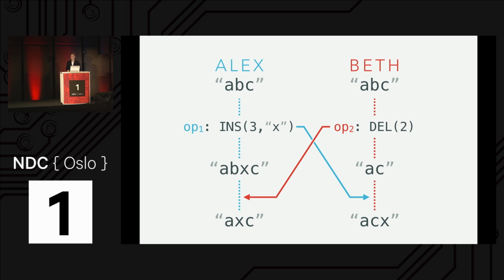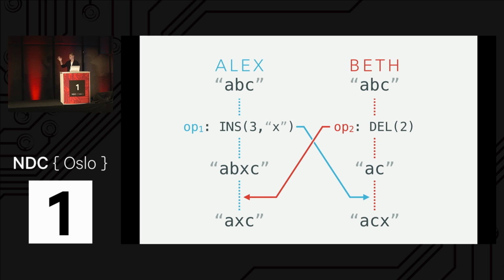It says that when Alex and Beth make simultaneous edits to the same document and they exchange those changes with each other, we need to ensure that they end up with the same copy of the document. So here's a classic problem you would use to see if a particular operational transform was TP1 compliant. You might say, okay, Alex, insert a letter at index 3, and Beth, delete a letter at index 2.